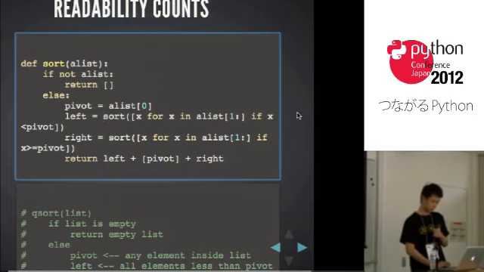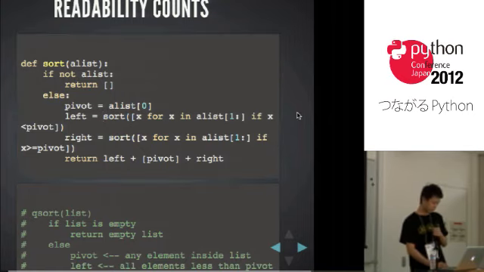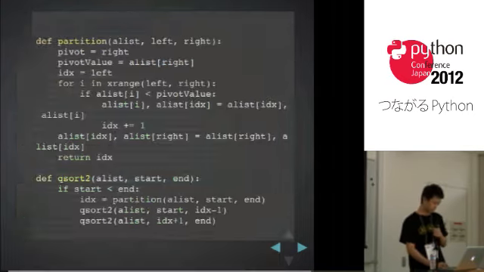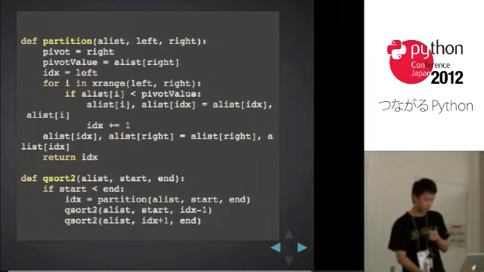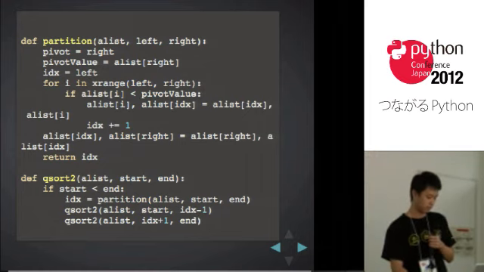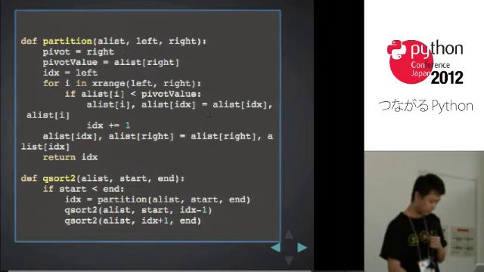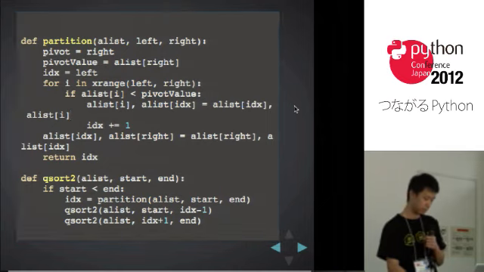So instead of that, let's try to do something smarter. We will do in-place sorting. Instead of generating two lists, you just sort inside the existing list. You modify it, and it's a bit more complicated. And well, you may think it's faster, yeah, in theory.